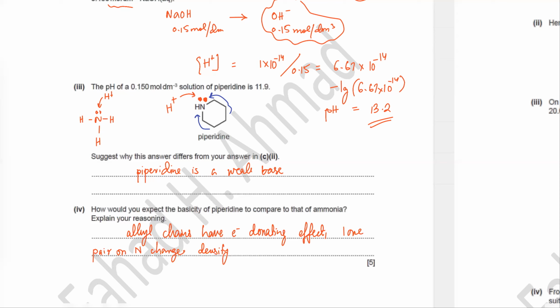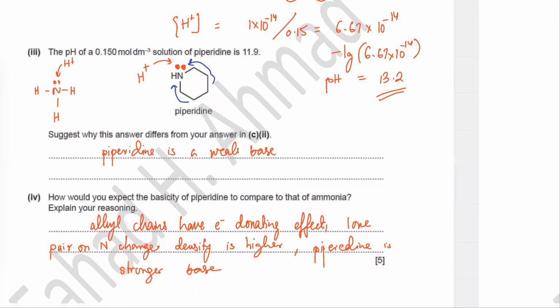So its charge density is higher, and hence piperidine is a stronger base. So this piperidine is a stronger base because the lone pair negative charge density is much higher.